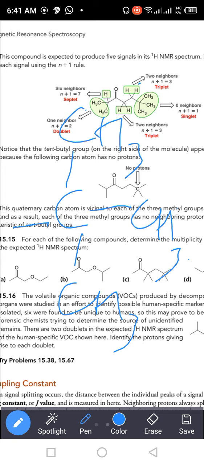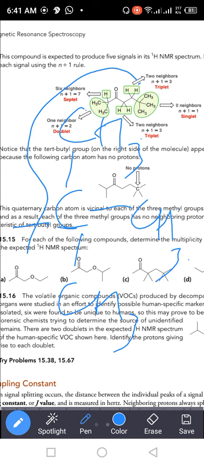So count the number of protons: 3, 6 and 9. These 9 protons have neighbors, how many protons? There is no proton on this carbon. So proton is absent in this carbon means the number of neighboring protons is 0, so the peak will be a singlet. So 9 protons give a singlet.